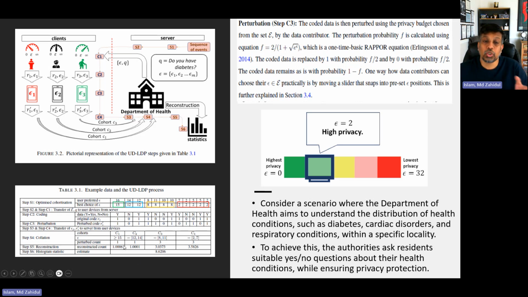In this case, the distribution is the number of yes responses, that is, how many people have diabetes. That way I can see which cohort has what sort of diabetic distribution, and then I can find the total distribution for the whole group of participants.